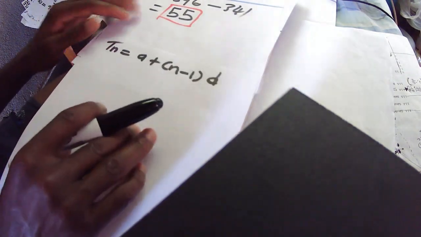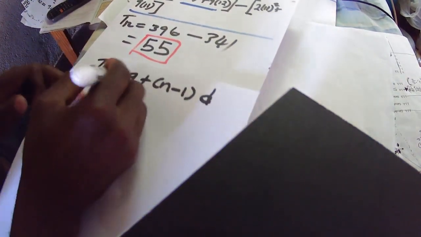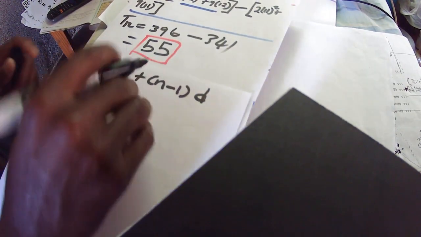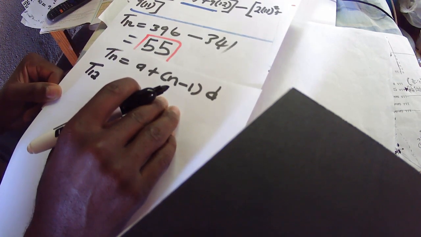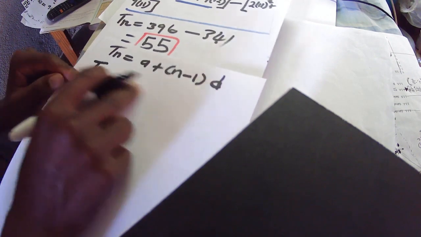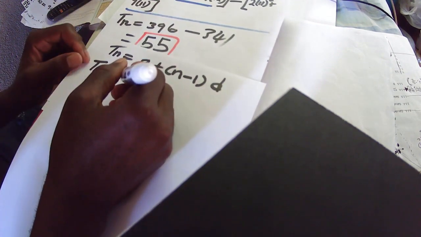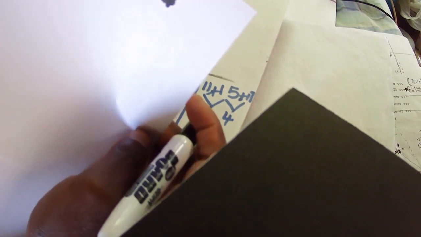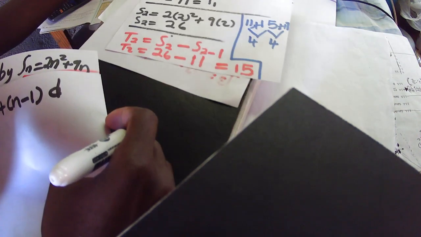So what is it that we have here, guys? The question: determine the 12th term by determining the formula of the nth term. So the formula of the nth term, what is it that we need? We need a. So a, we already calculated. Our a is 11, if you can remember very well.